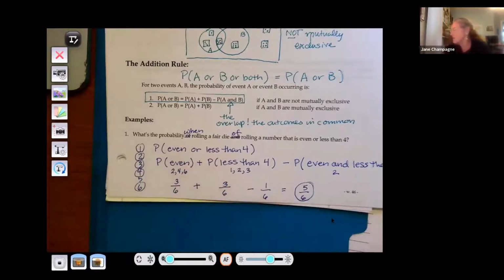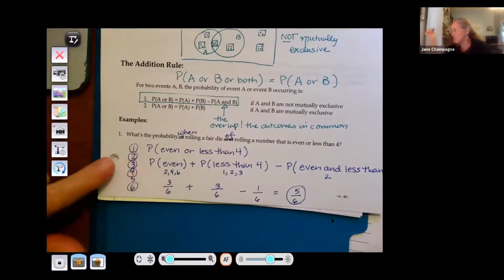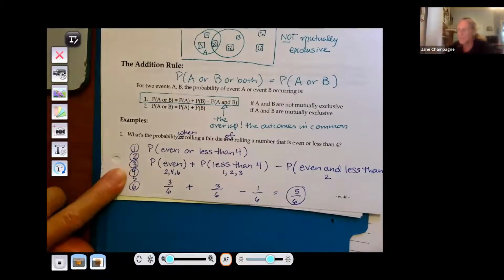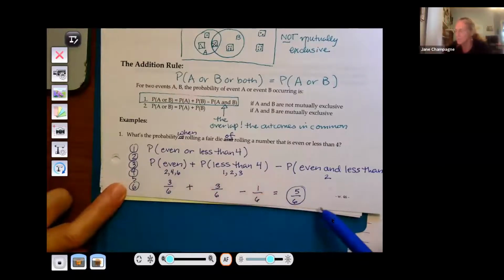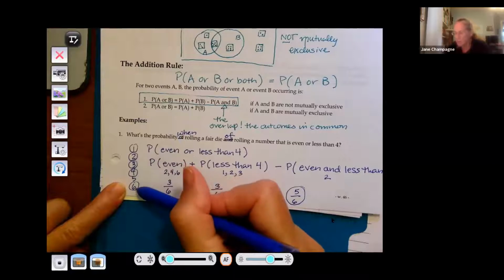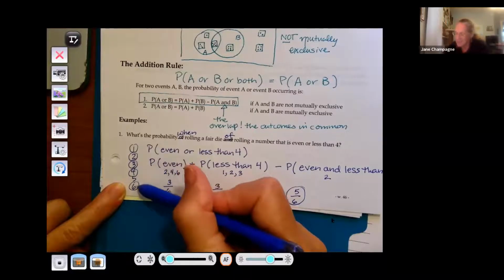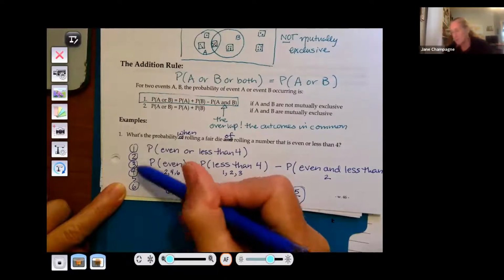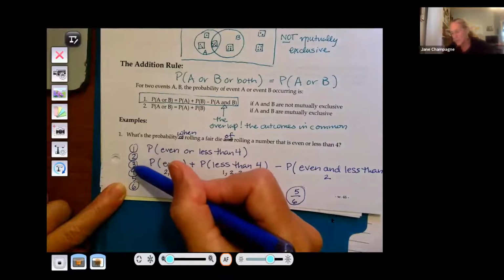So 5 out of 6, boom. So sometimes you don't need the addition rule. You can just do it using the definition of probability. How many ways can that happen over the total number of possibilities? There's 5 rolls that are either even, 2, 4, or 6, or less than 4, 1, 2, or 3.